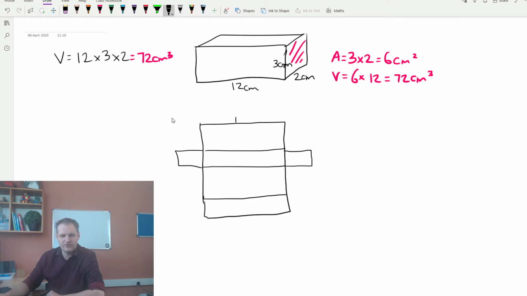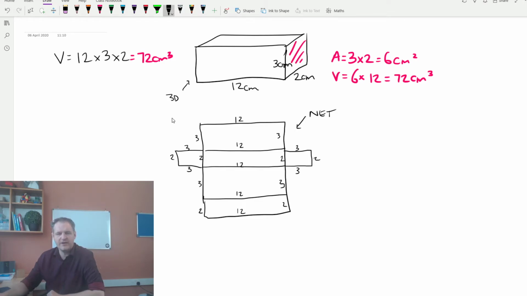I've still got these are all 12. And these ones are 2 and 3 and 3 and 2 and 3 and 3 and 2 and 2 and 2 and 3 and 3 and 3 and 3 and 2. All I've done is opened up this 3D shape into a net.